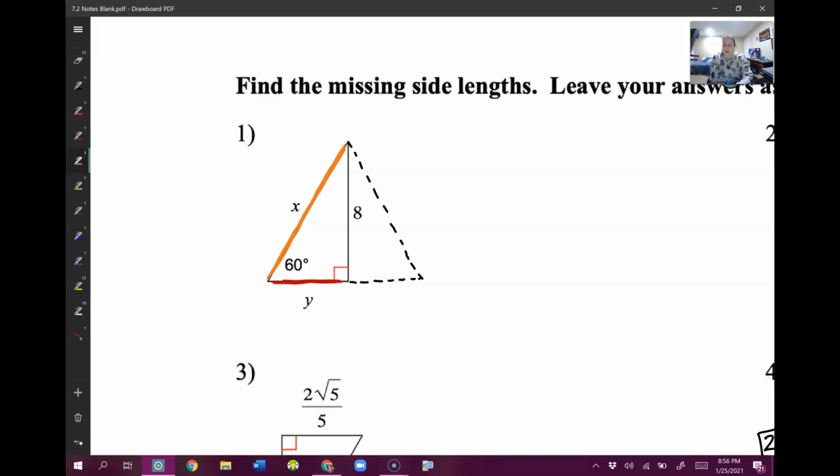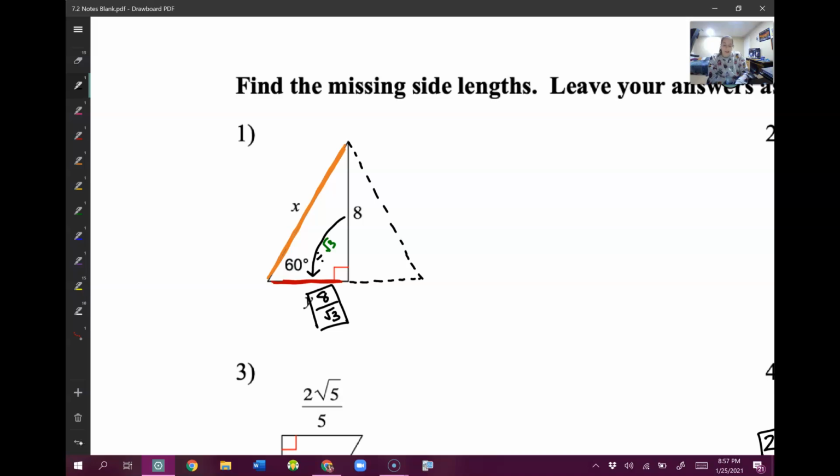So I need to do my root 3 rule first. Now let's think, I'm going from a bigger side to a smaller side. So to go smaller, I need to divide by root 3 because dividing makes things smaller. So I'm just going to take that side 8 and divide by root 3. And there we go. There's that side.